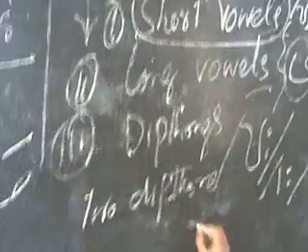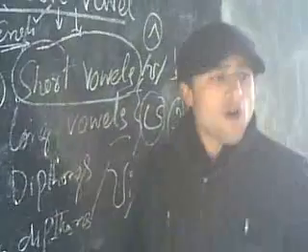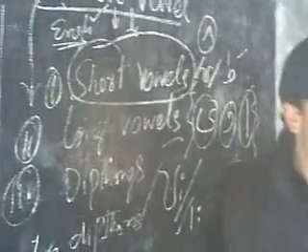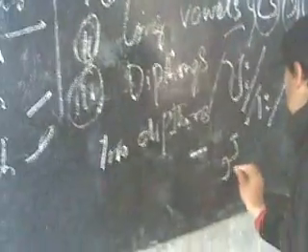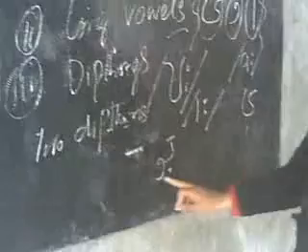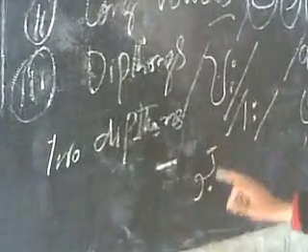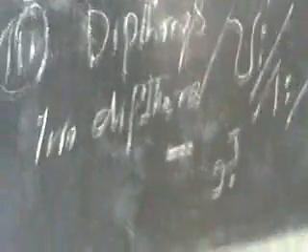When we have fatha before these letters, I will give the example here. If I have fatha before this, it becomes ba zabar waw, bow.